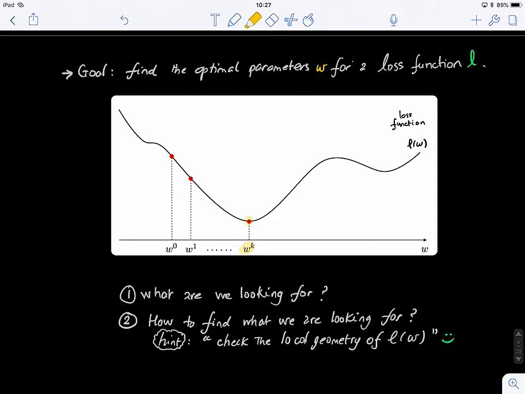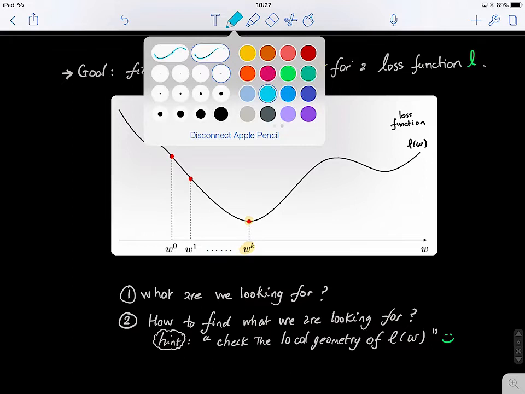Now, how to find what we're looking for? How to find this minimum? Take the derivative, okay? This is what we call the tangent, and I guess all of you know that in calculus.